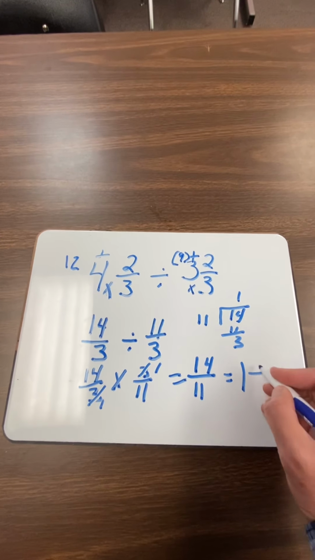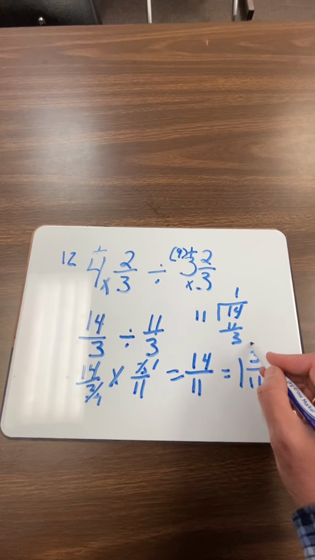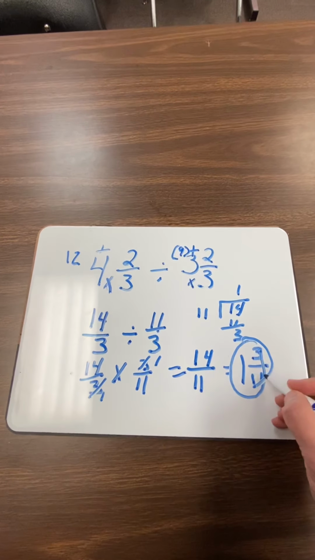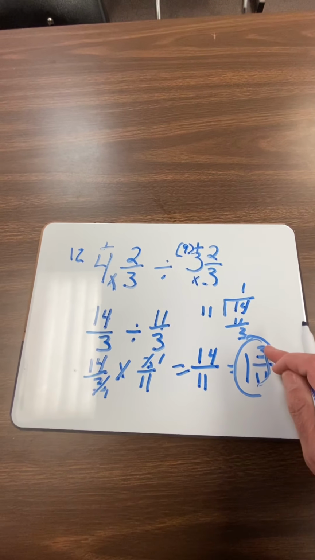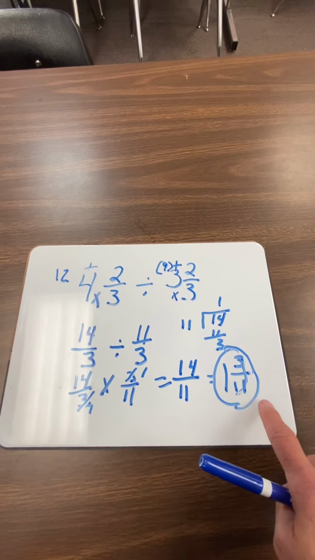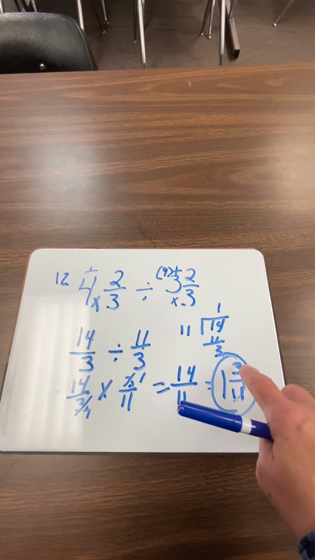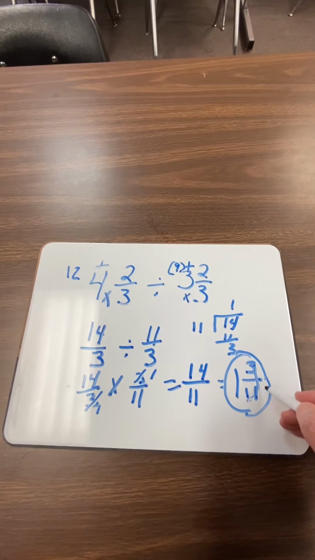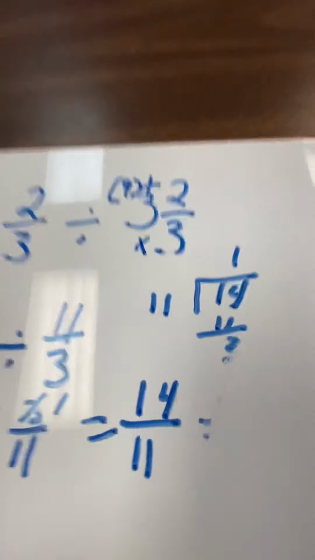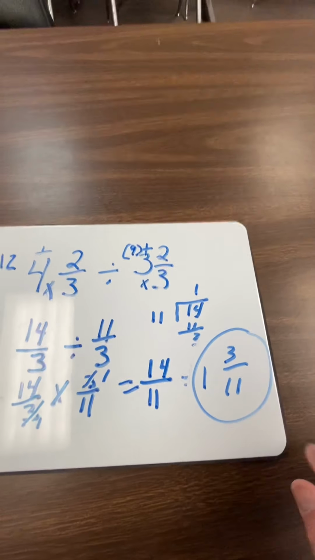Your remainder is your numerator over top of your denominator that stays the same. So 1 and 3/11 would be your answer. So 11 times 1 is 11, plus 3 is 14, so 14/11. So 1 and 3/11.